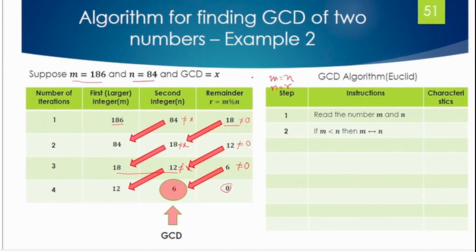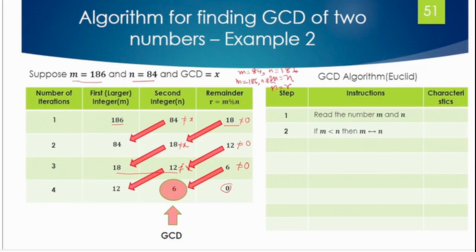While running this program, the user or the programmer may choose the value of m equal to, let's say, 84, the reverse way, and n equal to 186. Then what will happen? This algorithm will not work properly. So before we proceed with the algorithm, we need to swap these two values. We will make m the larger one, 186, and n 84.